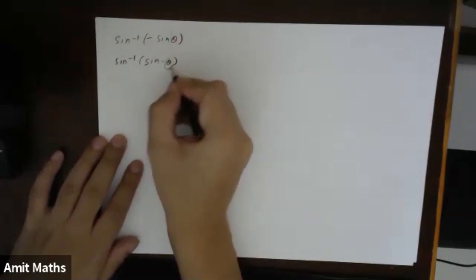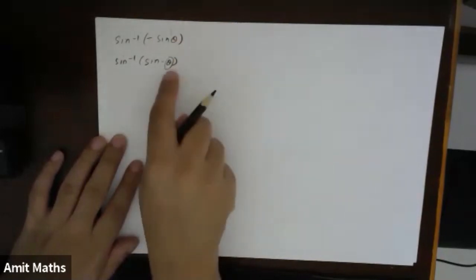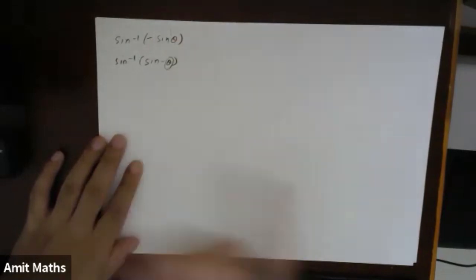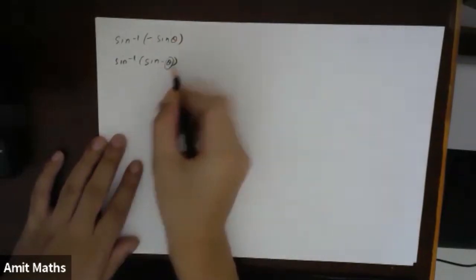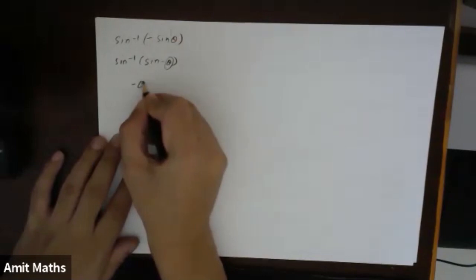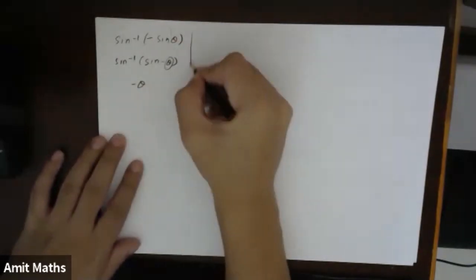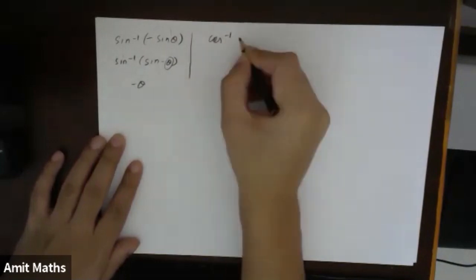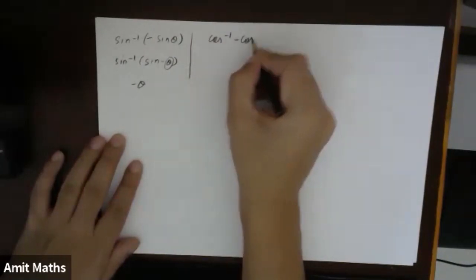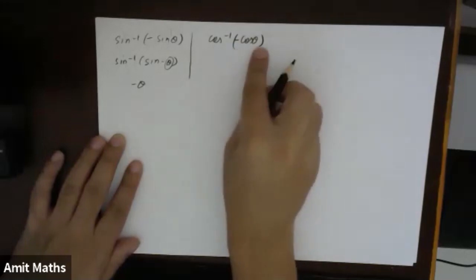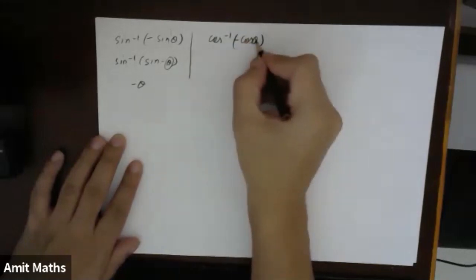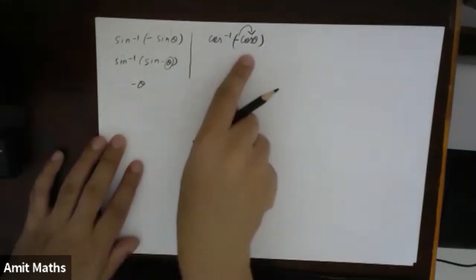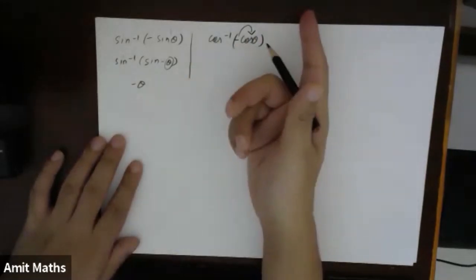And if theta is between 0 to pi by 2, then the output will simply be minus theta, right? But right now we have not seen any conversion like cos inverse of minus cos of theta. Why have we not seen such an inversion? Because for cos theta we cannot simply take the minus inside.